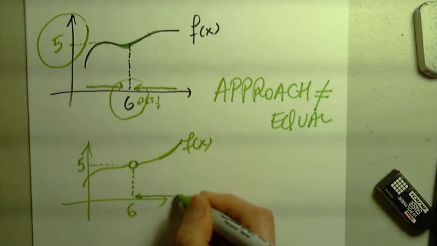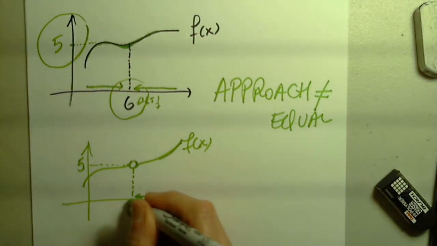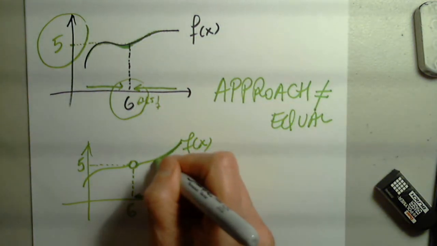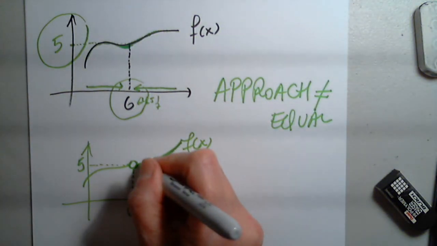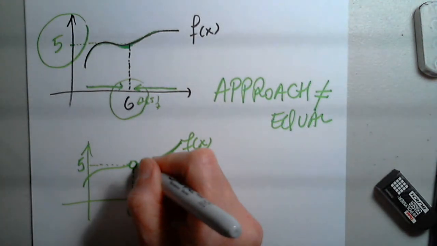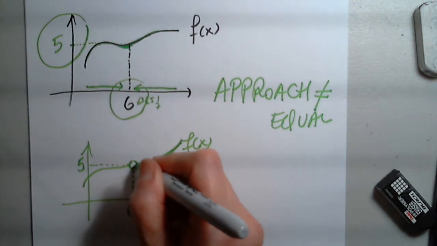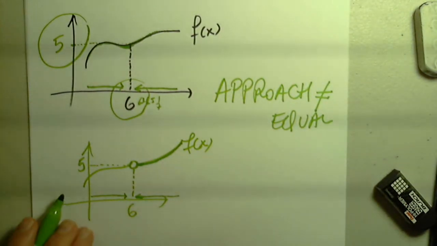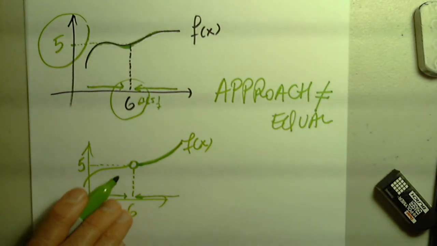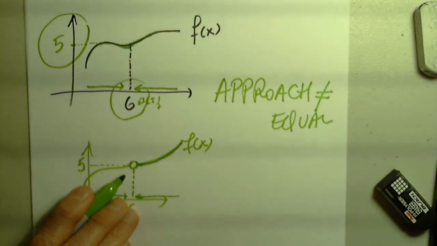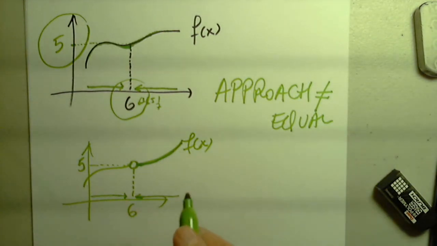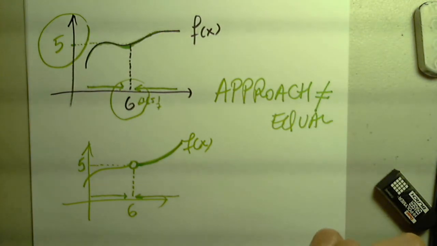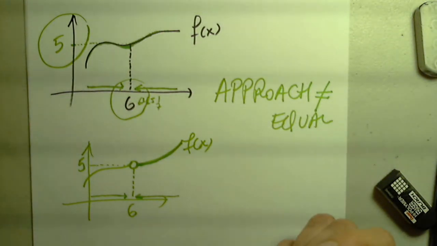So as x approaches, not equals, 6 from the right, the function values approach which number? 5. That's it. As x approaches 6 from the left-hand side, the function values approach which number? 5. Good.